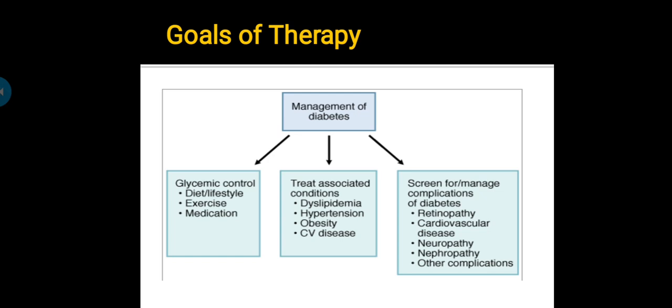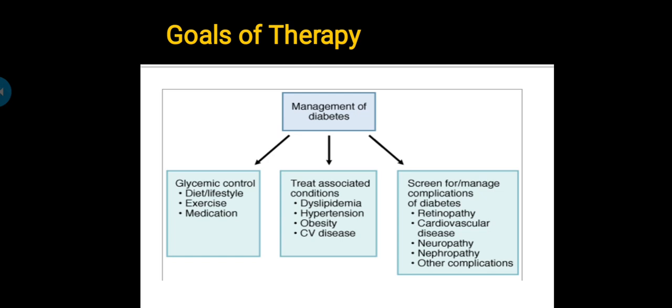So that's why diabetes mellitus is actually called a cardiovascular disease equivalent. So the CV disease is equivalent. That's why diabetes is nowadays regarded as actually a cardiovascular problem. So CV events are much higher in diabetes mellitus because of these different metabolic abnormalities.